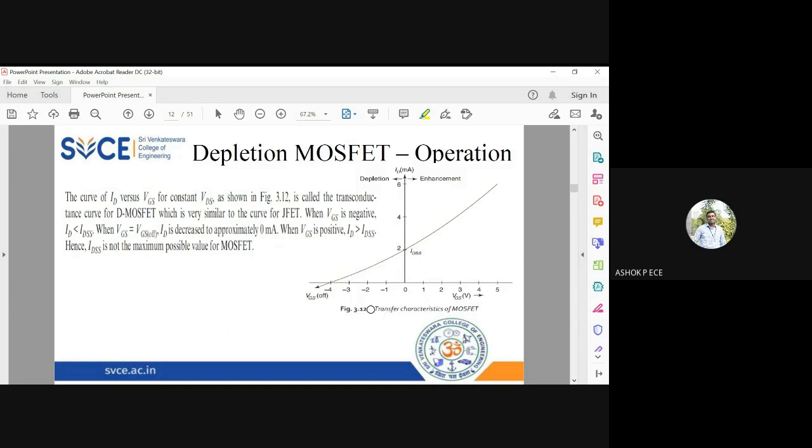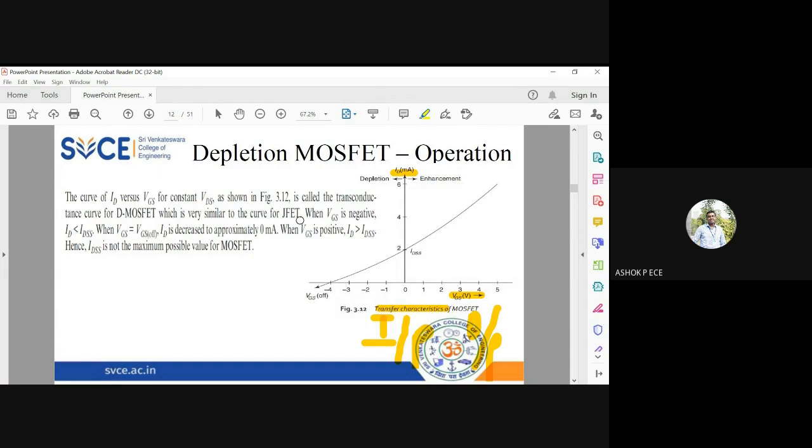Transconductance, I told you, transfer characteristics. One parameter I take as input, one parameter I take as output. What input parameter am I taking? VGS. What output parameter am I taking? ID. So when you draw a graph between one input parameter and one output parameter, this is called transfer characteristics.